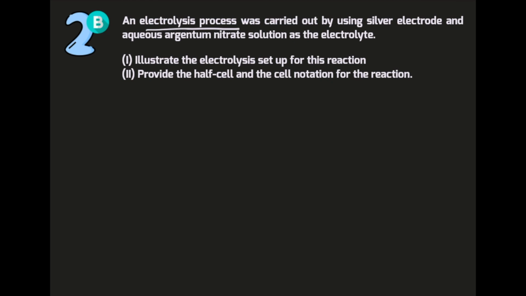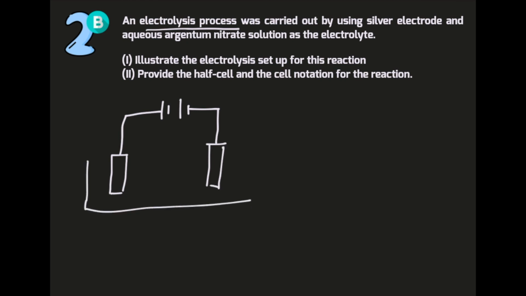So you need to draw the cell. You need to attach it with the electrodes, and you need to have the solution or the electrolytes. So here is your electrolytes.